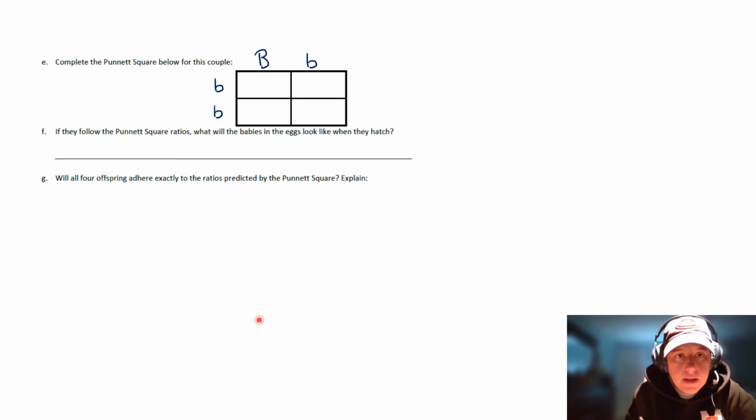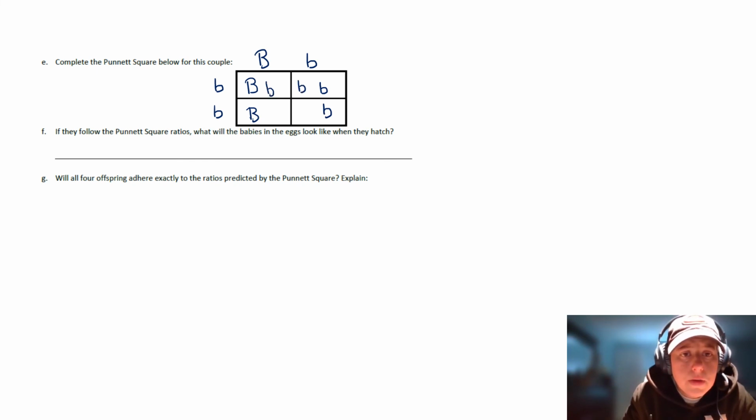And again, with our Punnett square, this goes in these 2 boxes, this goes in these 2 boxes, so the contribution of one parent. This goes in these 2 boxes, this goes in these 2 boxes, so the contribution of the other parent. So we have capital B, little b here. And then we have little b here, little b here.